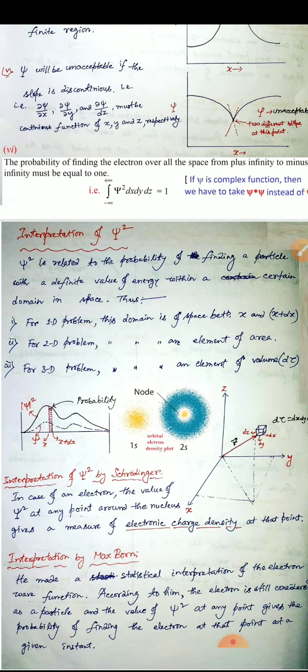In the case of the electron, the value of psi square at any point around the nucleus gives a measure of electronic charge density. So psi square basically represents the density of the electronic function at a particular point.